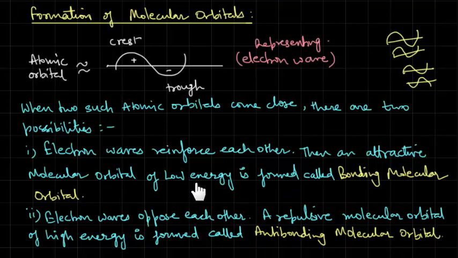We know that low energy is more stable, which is why this is attractive. When the energy is high, it is unstable, so it is a repulsive molecular orbital. So to summarize, whenever a molecular orbital is formed, it will have a bonding molecular orbital and an anti-bonding molecular orbital.